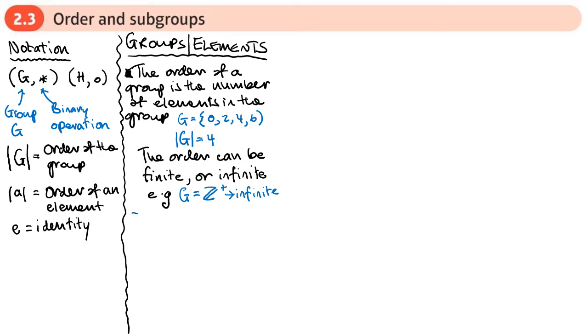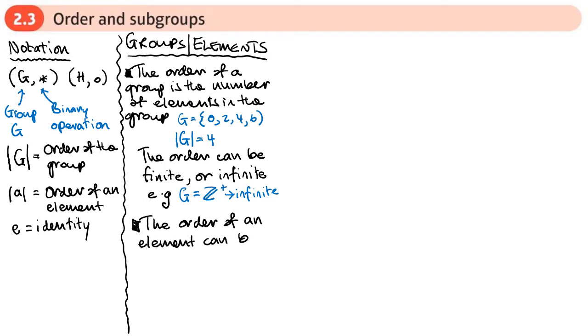So now let's look at the order of an element. Now, just like the order of a group, the order of an element can be finite or infinite. So we're going to look at both.